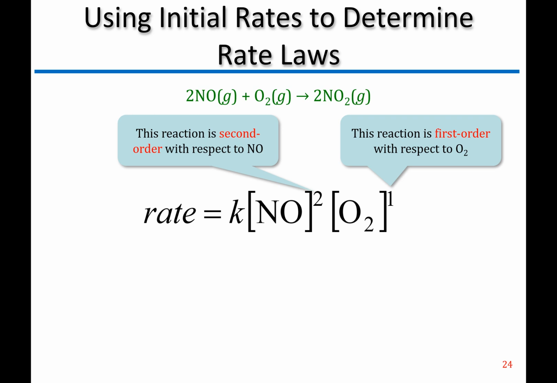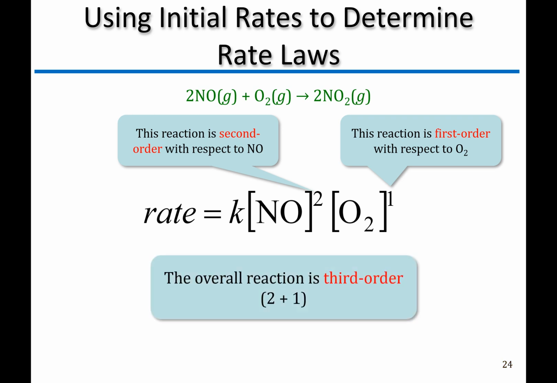That's because I have a 1. The overall reaction order would be third order, because I have 2 plus 1 gives me 3. So that means the overall reaction is 3rd order. Okay, so I could ask you to solve for these individually, or I could just ask you the overall reaction order. But that's how we read this.